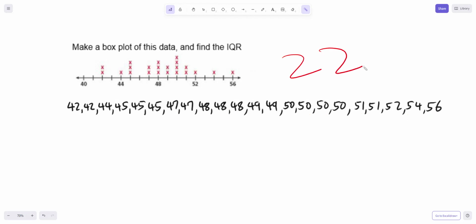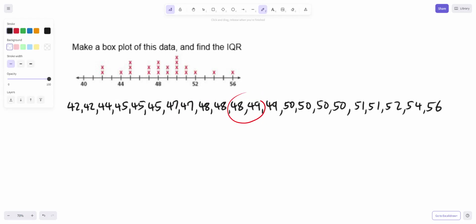We have 22 numbers, that's even, so that means I need the 11th and 12th number as my middle numbers. So 1, 2, 3, 4, 5, 6, 7, 8, 9, 10, 11, 12. That means the middle number is 48.5, or the median.